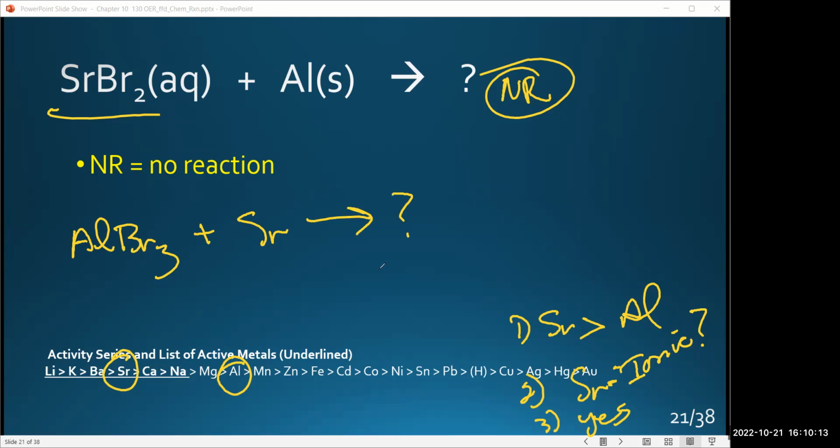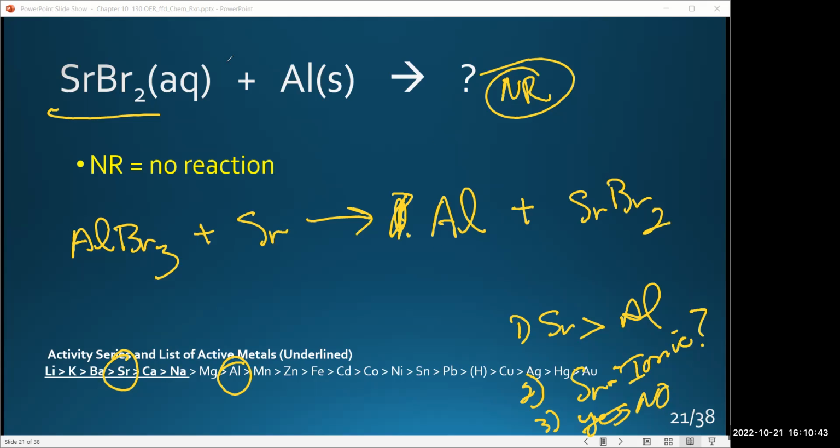and you're asked the same questions, you follow the same questions 1 and 2, and this time instead of yes it's going to be no, which tells you yes, there's going to be an exchange here, and you're going to get aluminum plus strontium bromide. I'm not balancing it, but yes, in the opposite direction, you will get a reaction.